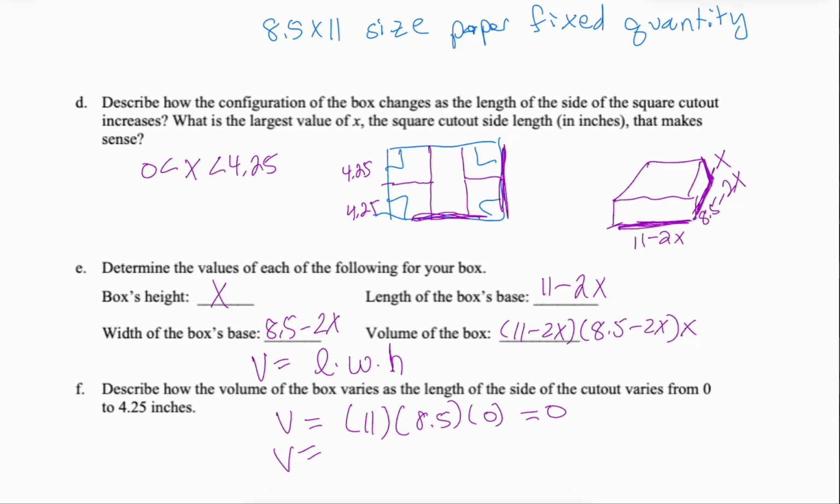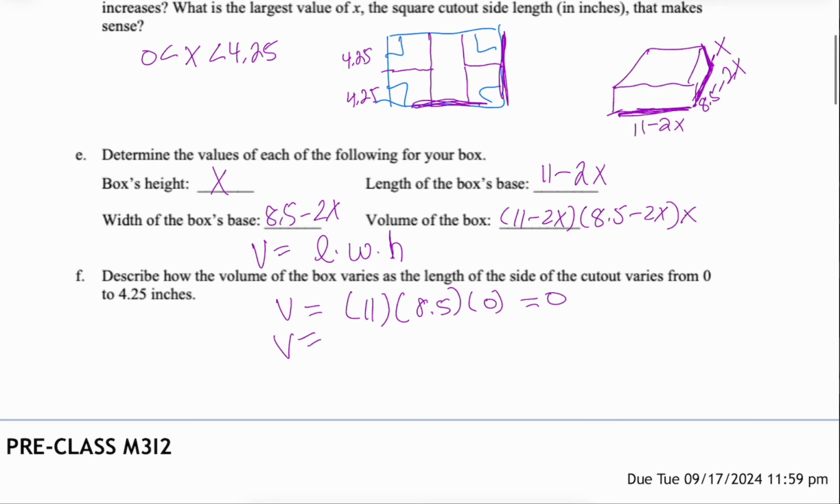Well, let's start with 4, so then we can get a sense of something in between there. 11 minus 8 is 3. 8.5 minus 8 is a half. And our x, I said, was 4. So this is when x is 0. This is when x is 4.